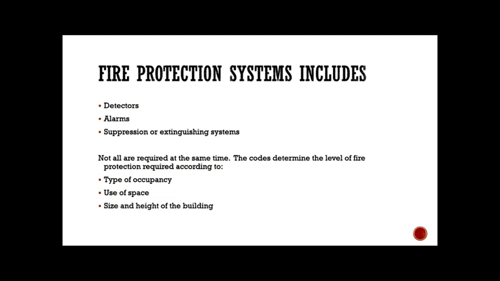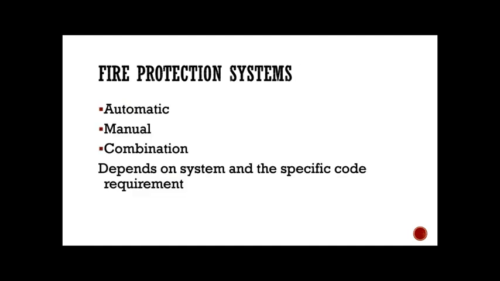So we may not have all of our detectors, alarms, and suppression and extinguishing systems utilized in every part or every room or every space, but it depends on the type of occupancy, the use of space, and the size and the height of the building. So fire protection systems are automatic, manual, and sometimes a combination. It depends on the system and the particular code that's required for that occupancy classification.